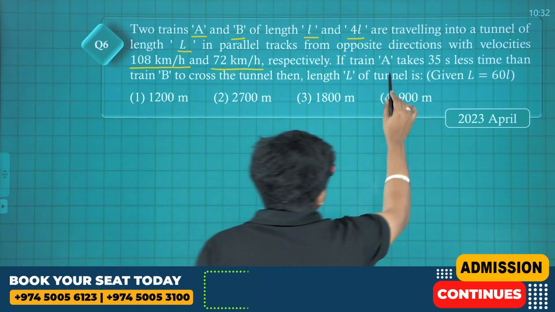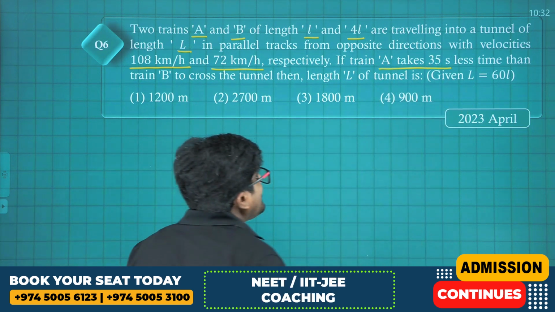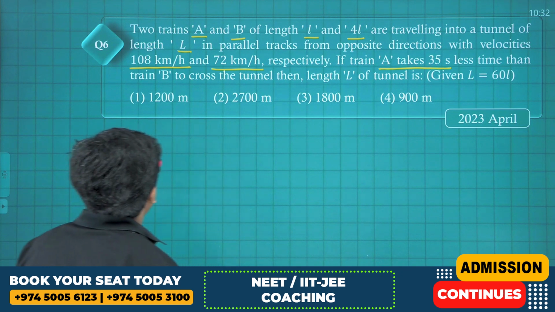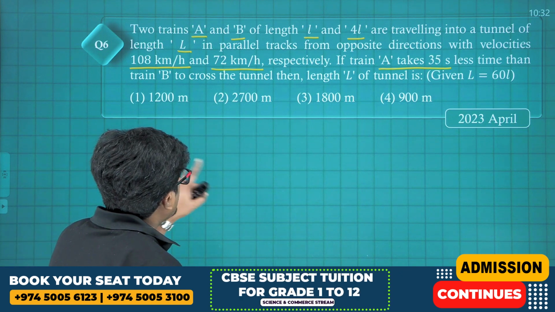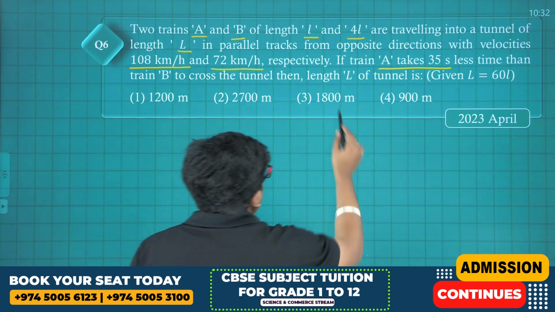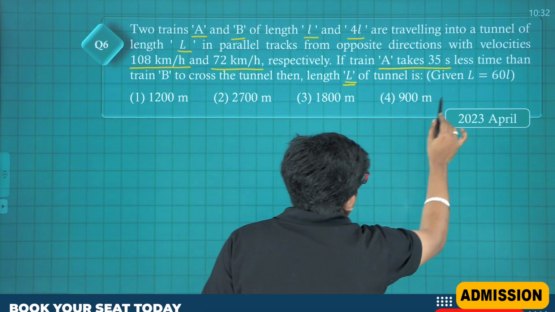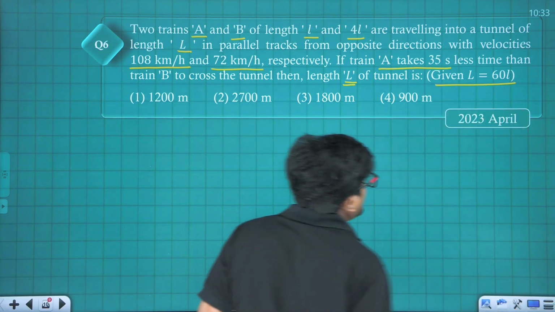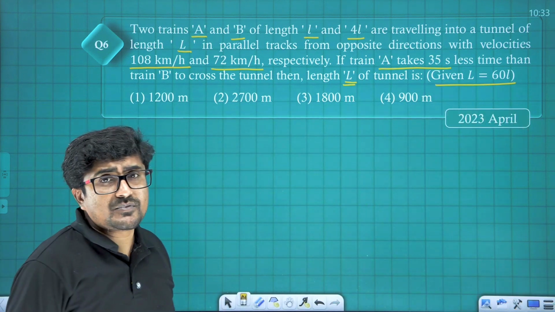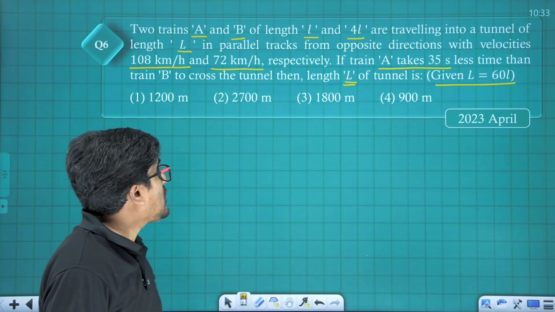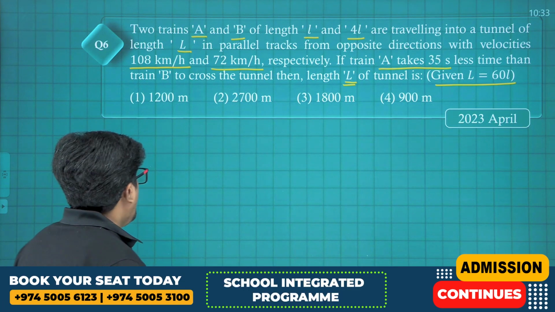If train A takes 35 seconds less time than train B to cross the tunnel, then the length capital L of the tunnel is, and given that capital L is equal to 60 times small letter l. So basically we need to calculate the value of capital L.